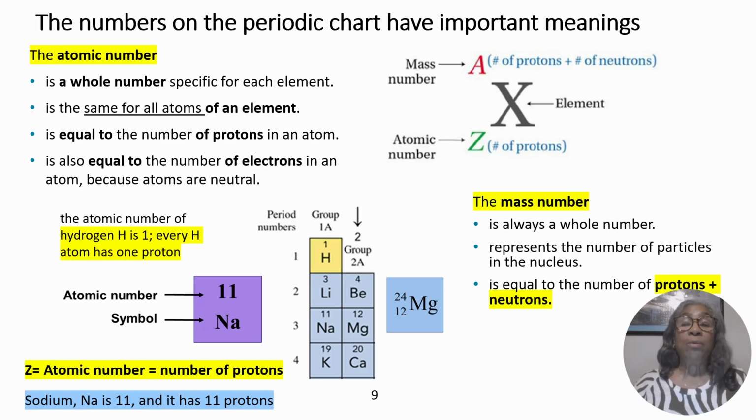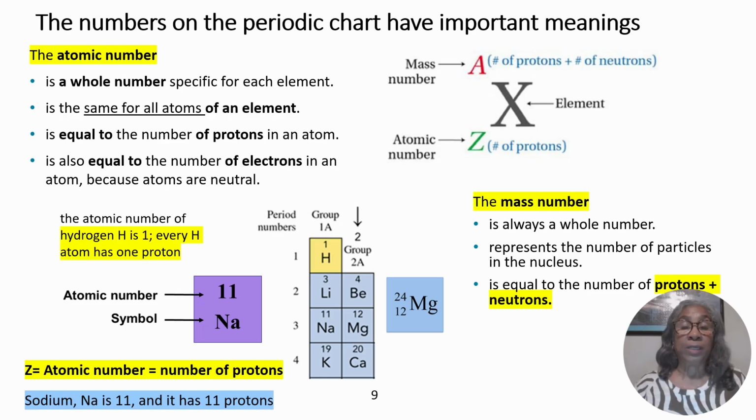We also have the mass number, which represents the number of protons plus the number of neutrons. For example, we know here that beryllium's atomic number is 4, so I know from there that it has 4 protons and 4 electrons.